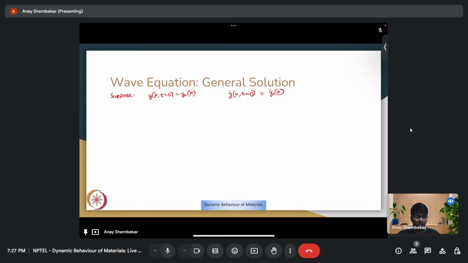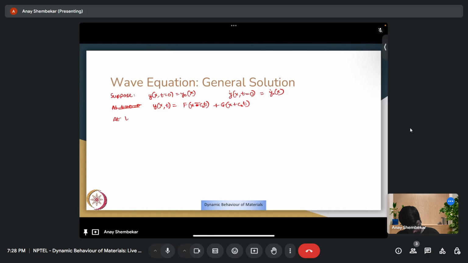If this is an initial condition that has been provided, then from this what we can get is, at t equal to 0, if I rewrite my general solution, it is capital F of x minus c naught t plus capital G of x plus c naught t.